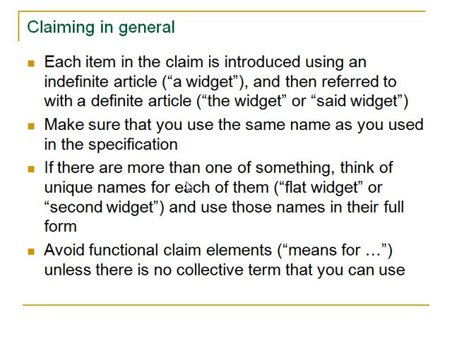So make sure you use the same name as you used in the spec. If anti-Cootie force field appears in one place, but just force field is somewhere else, it sounds different. Is it a force field or is it an anti-Cootie force field? Let's see. It says use an indefinite article. An anti-Cootie force field. Right?